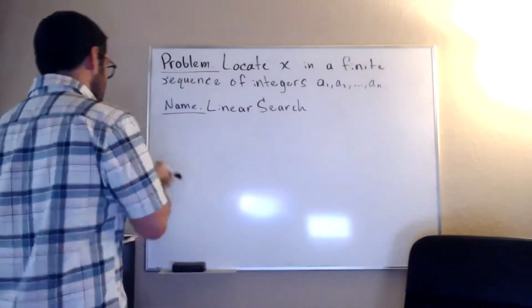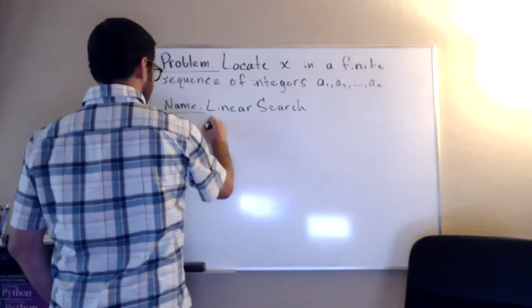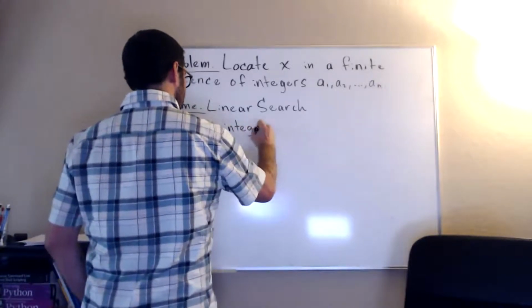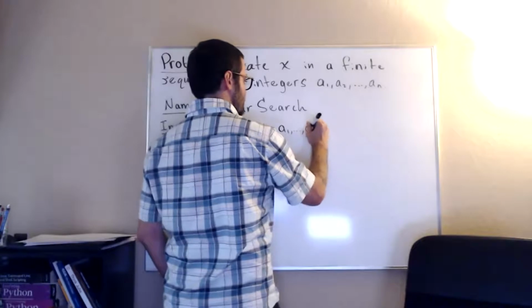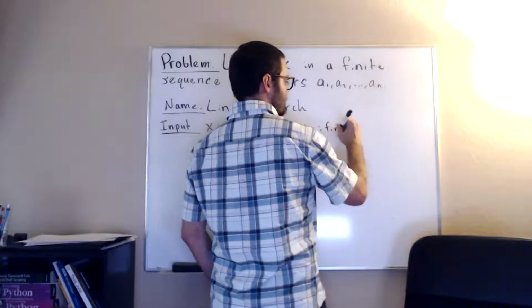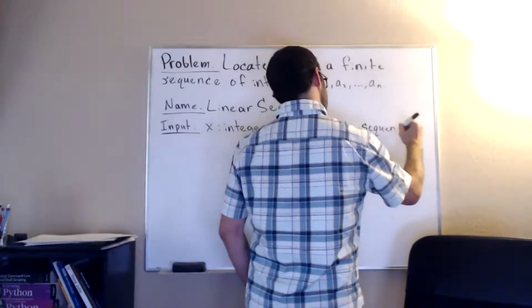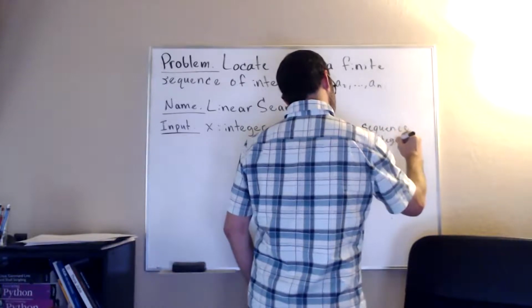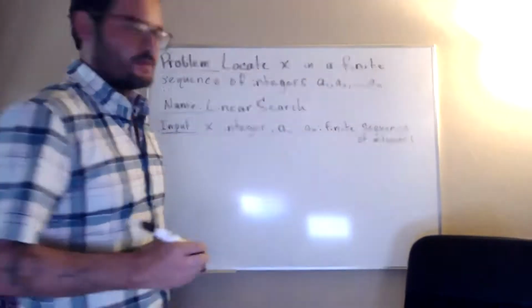So as an input, we have x, which is an integer. And then we have a1 dot dot dot to an, a finite sequence of integers, with n greater than or equal to 2.